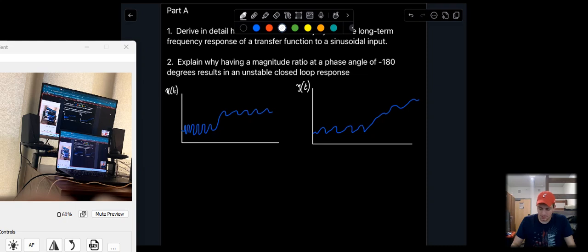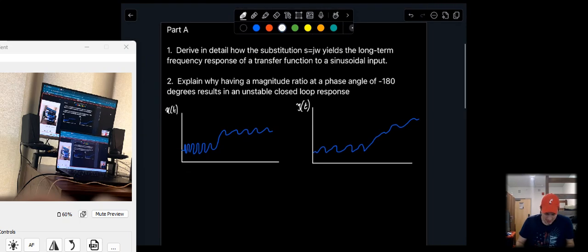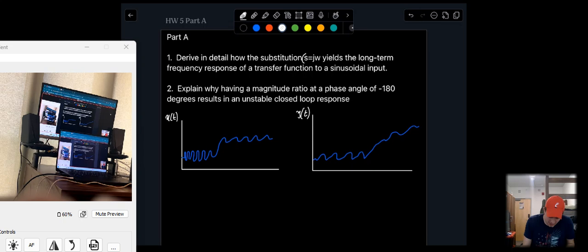Okay, so we're going to talk first about what it means to even begin to be able to tackle the idea of a sinusoidal input in terms of stability. There is a common substitution that is made into transfer functions, and that is this substitution right here, s equals j omega.